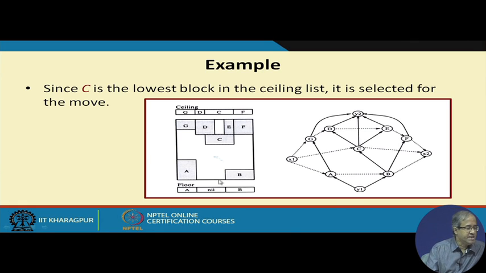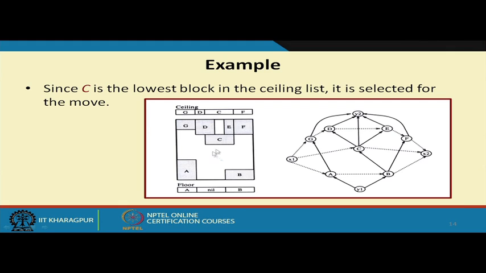Let us look at the ceiling and floor list first. Ceiling contains the blocks which can be seen from the top. Sorry, I think I have confused.